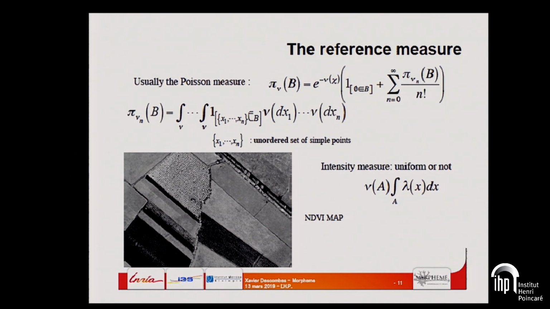If you expect to find something somewhere, but if it is not there you don't want to constrain it, then this information you can put in your reference measure. So you put in all that you expect to find, but that you don't want to force.